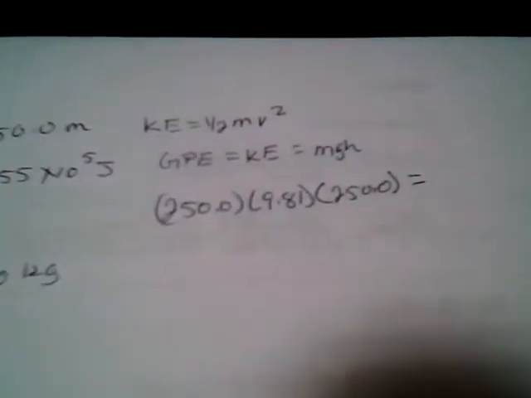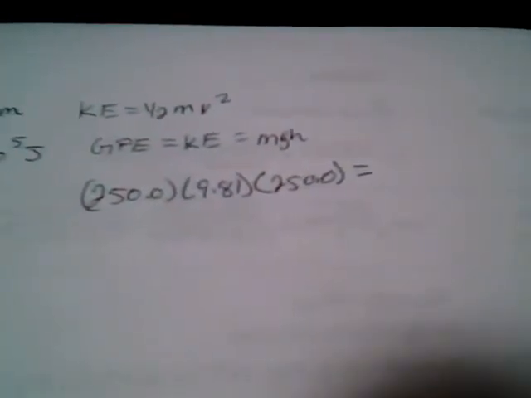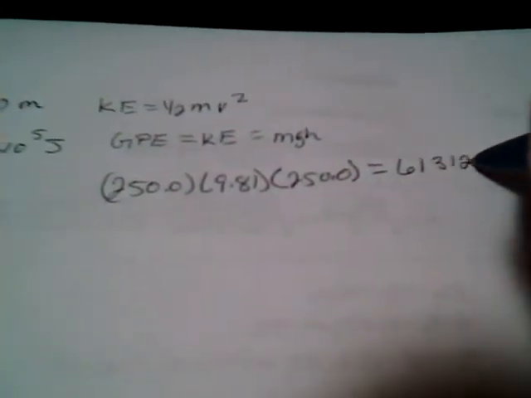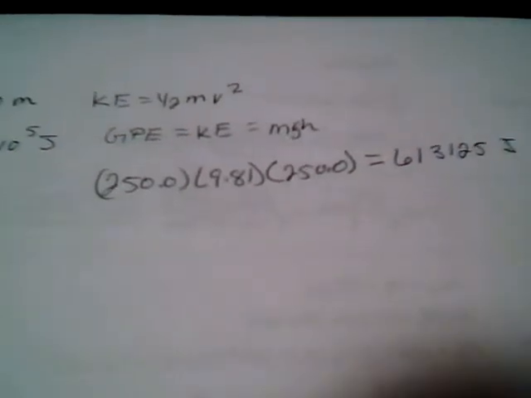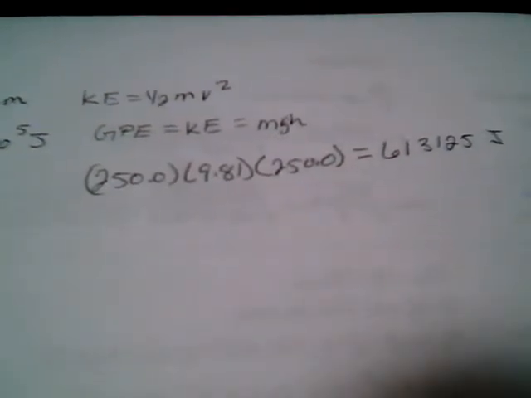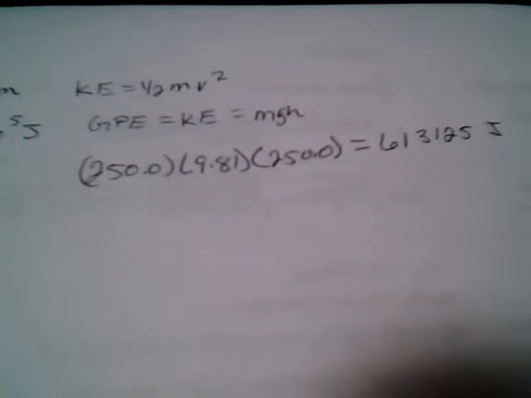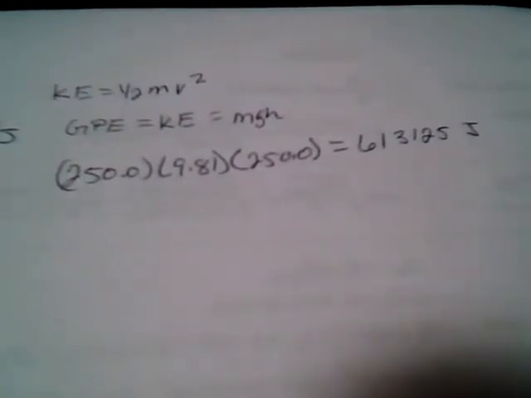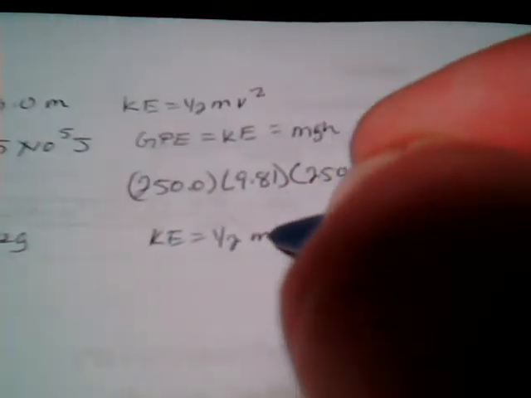And when we do that, we get a gravitational potential energy of 613,125 joules. So that is our KE. So now we can go into our KE equals 1/2 mass times velocity squared formula.